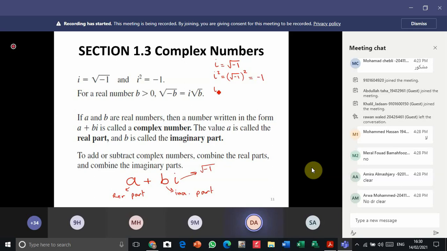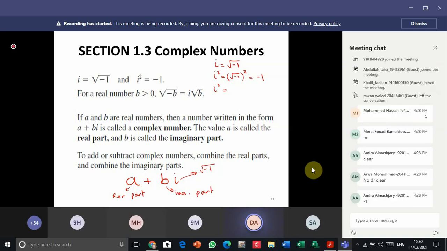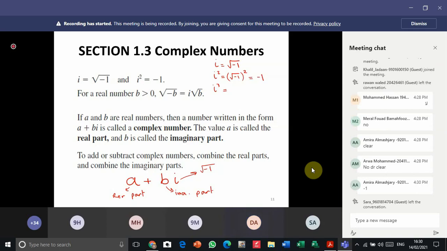Right, I to the power 3. I to the power 3 equals what? What's the value of I to the power 3? I square equals -1. But I to the power 3, it's easy.